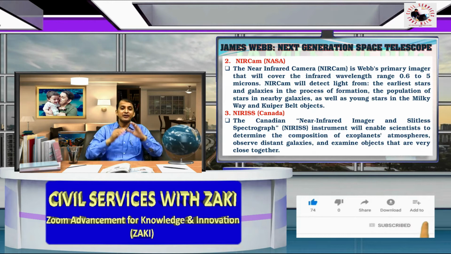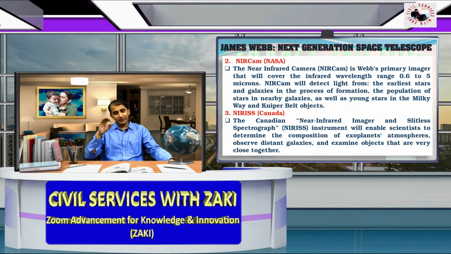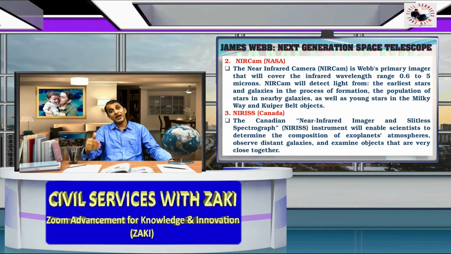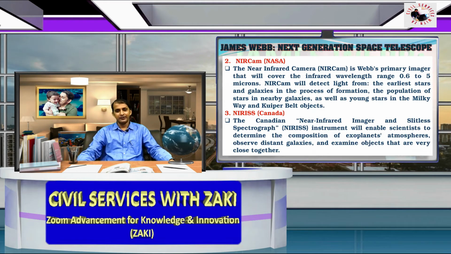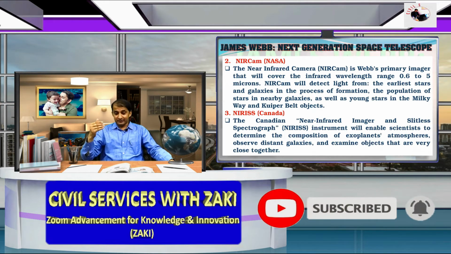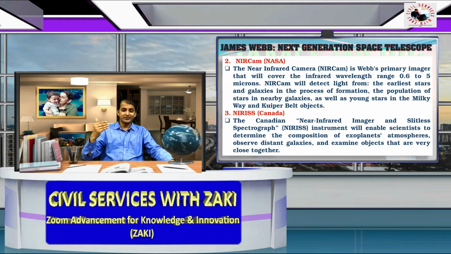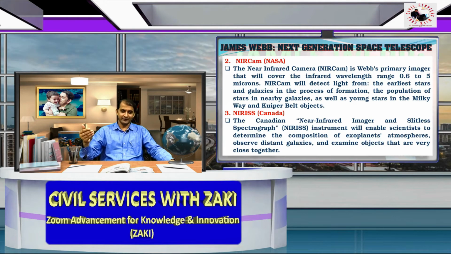Basically, this instrument is made to see the atmosphere and its composition on exoplanets, meaning planets of other solar systems. After that, scientists will search for alien life or alien civilization and other things.